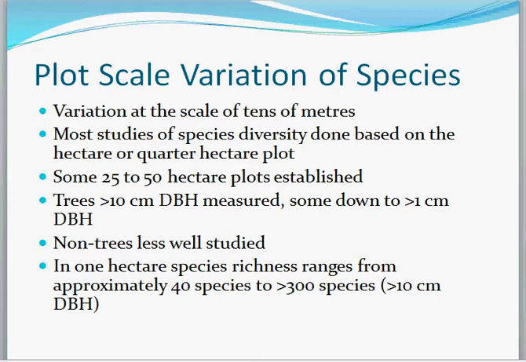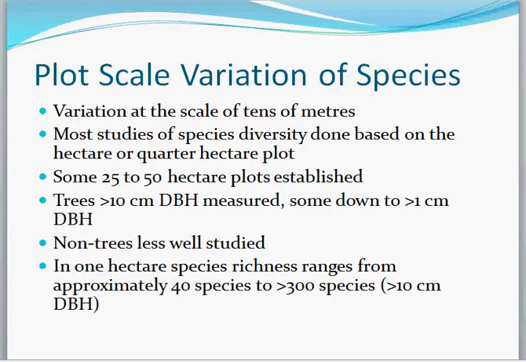So most studies are done on a hectare or quarter hectare plot in a tropical rainforest to find out the diversity of trees. Another reason why this sort of size or scale is used is because it is a traditional area which logistically can be done to inventory a forest for species, for understanding what species are there for production purposes.